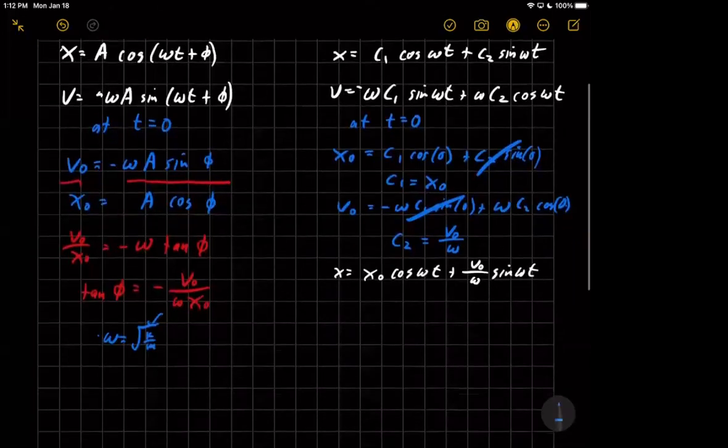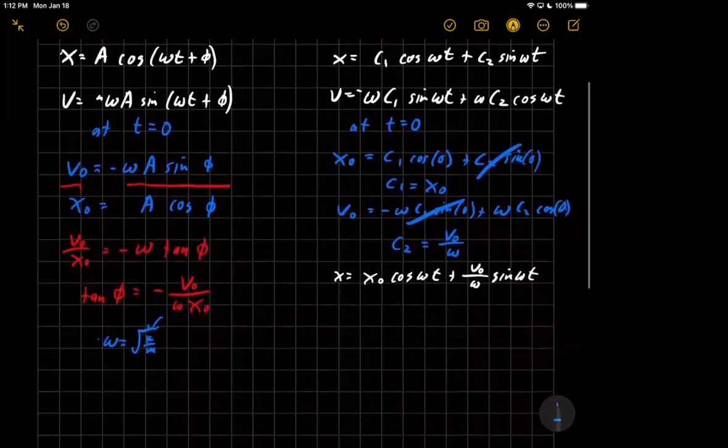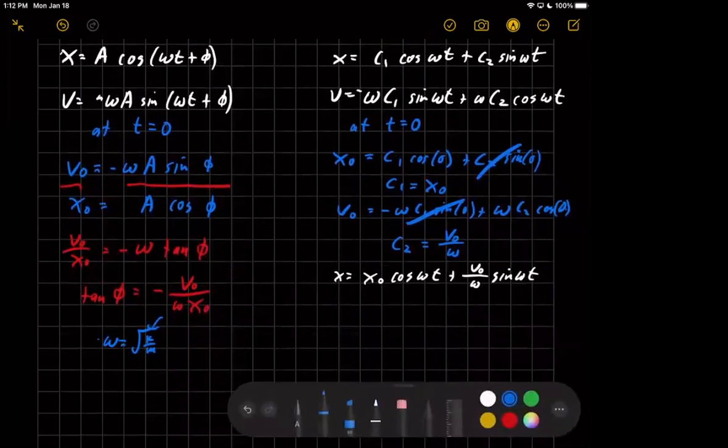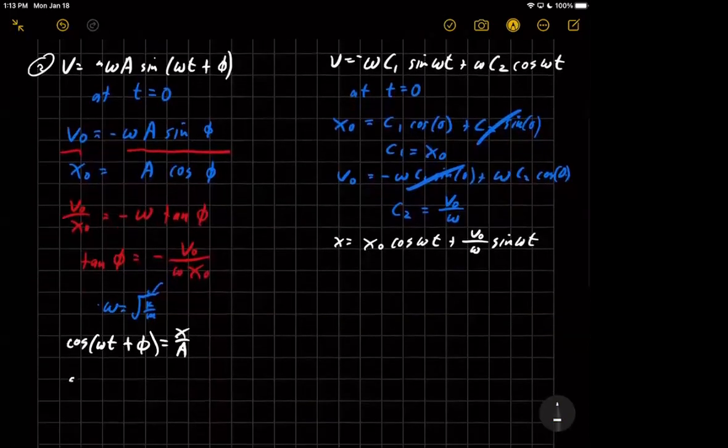I can use a Pythagorean relationship. Starting with what I have up at the top, I could rewrite the x equation, let's call that equation 1, as cosine of omega t plus phi is equal to x over A. Likewise, I could write that sine of omega t plus phi is equal to v over negative omega A. Oh, actually, I am sorry.